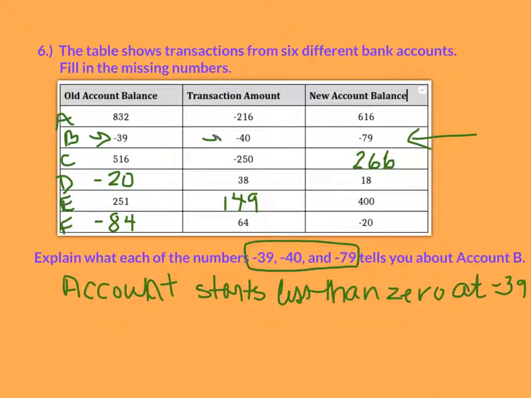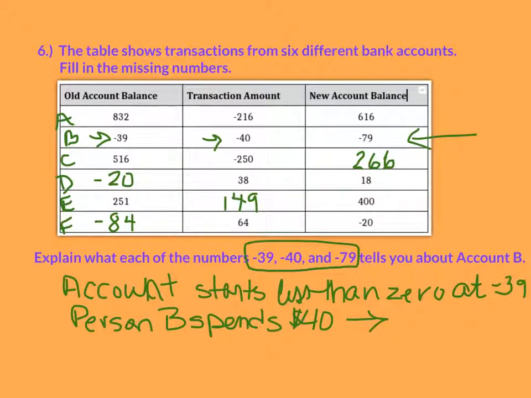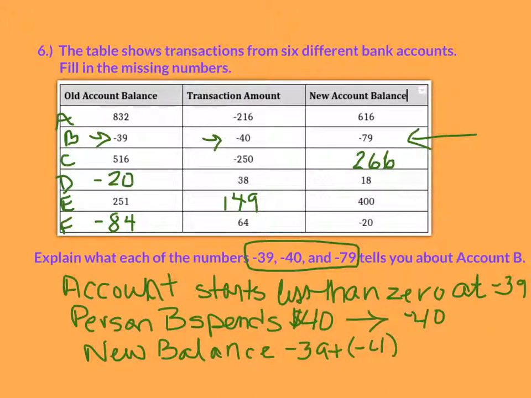And then the next thing that happens is that person B spends $40. So that would therefore be negative 40. That's where the negative 40 came from. And then the new balance, when they take the negative 39 plus negative 40, equals negative 79.